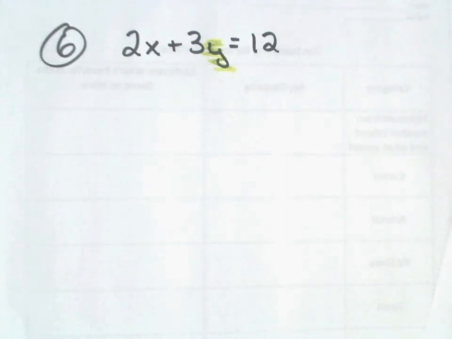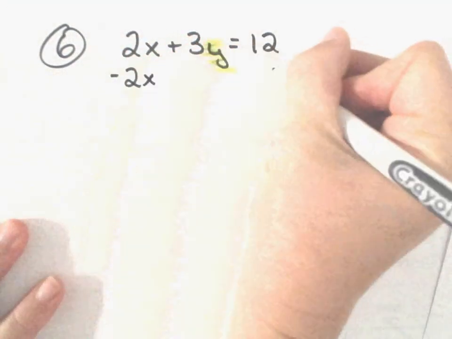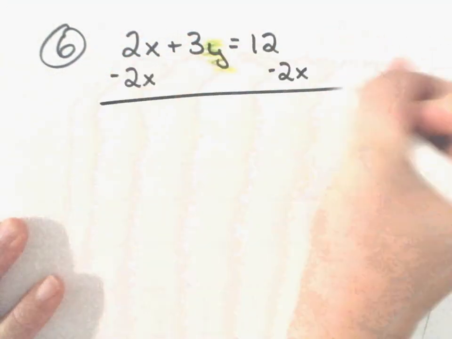Okay, so if I'm going to solve this for Y, first step, Antonio, what do you think? What am I going to do first here on this one? Subtract the 2x, yes.